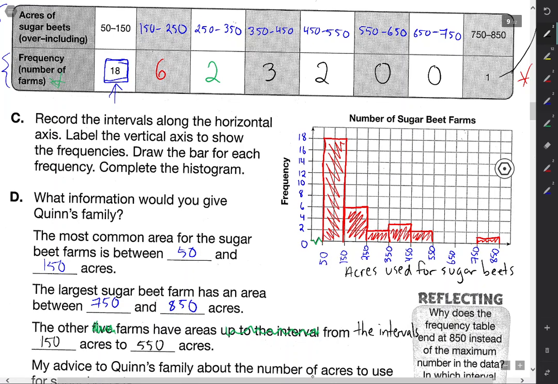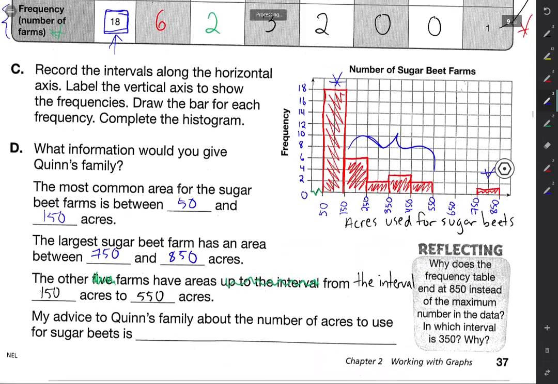What that one was asking there is, we already talked about this farm here as well as all these ones in this frequency, but we kind of ignored all these ones in between there. So the other farms have areas from the interval 150 acres to 550 acres. And I'm going to get rid of this S on the intervals there.